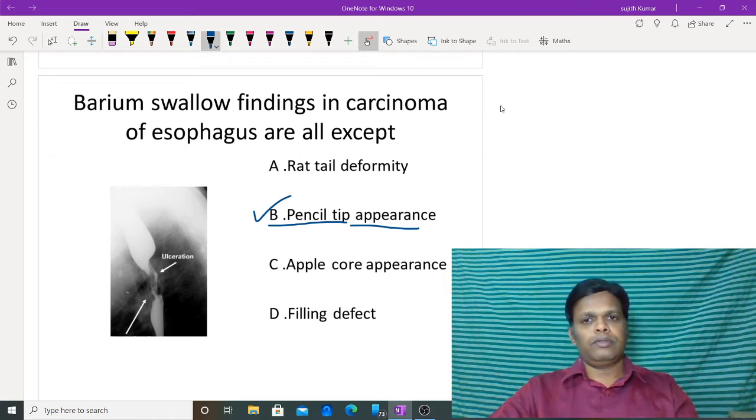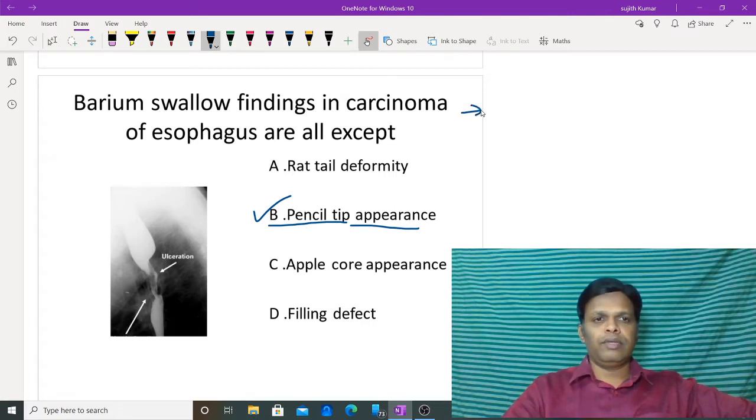In carcinoma of the esophagus, what are the barium swallow findings? So what is barium swallow? After the injection of the barium, you take a picture and can visualize the esophagus, mainly useful to diagnose esophageal lesions.